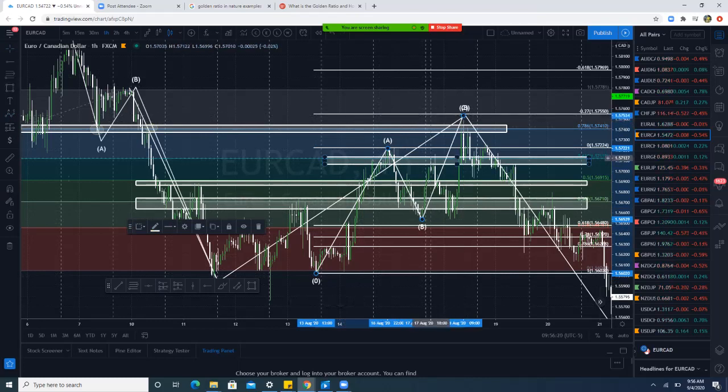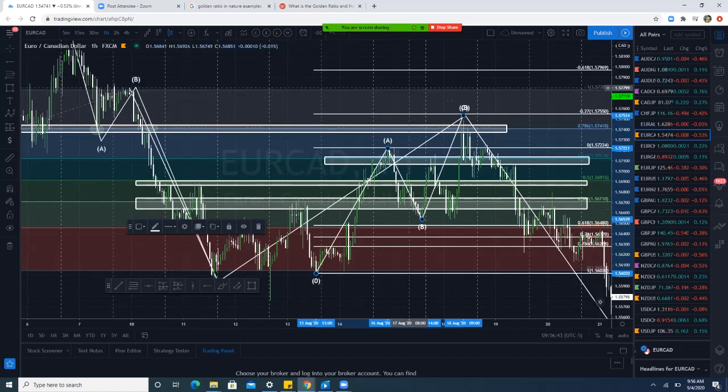So what usually happens when I'm looking for a potential place where the market might turn around or do a reversal is I'm looking for Fibonacci extension points. So you have Fibonacci retracements, which are anything between 0 and 1. And then the extensions are past the 0 or the 1 point.